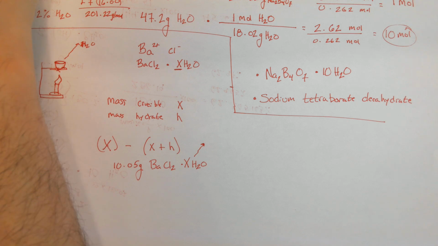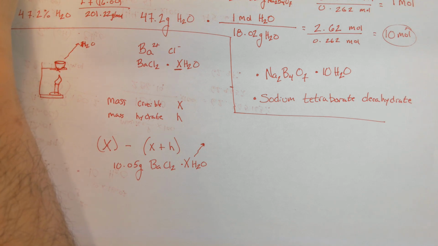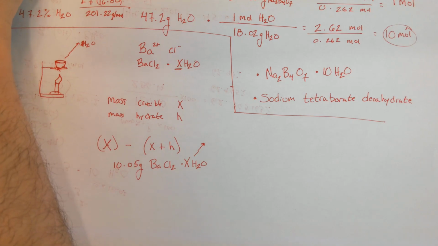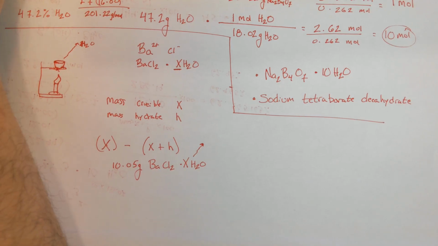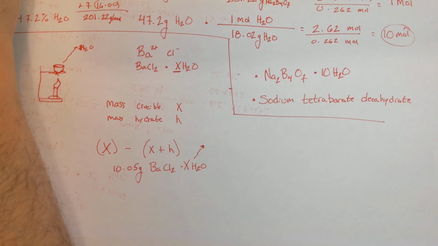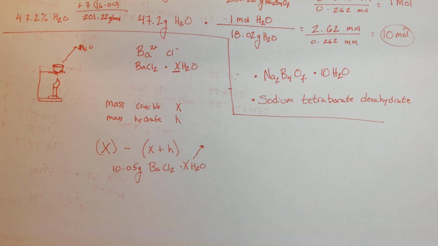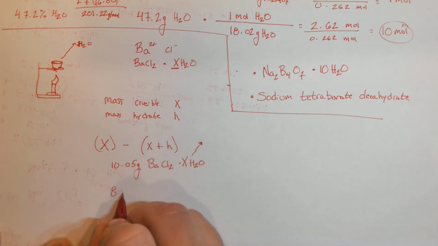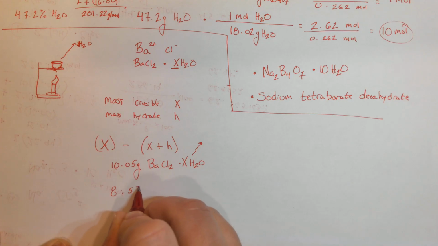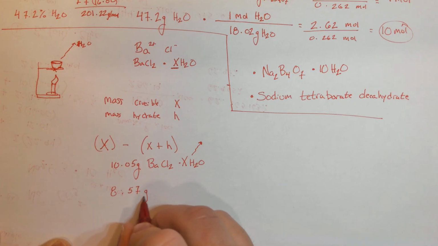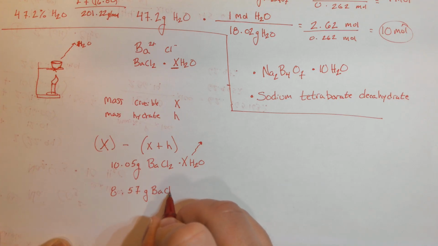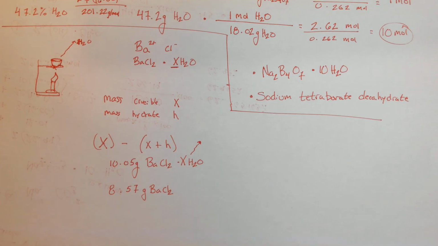We're going to do the mass after heating, which is 29.87, and we're going to subtract from that the mass of the crucible, 21.30. And we're going to get 8.57 grams of just barium chloride. There is no water.